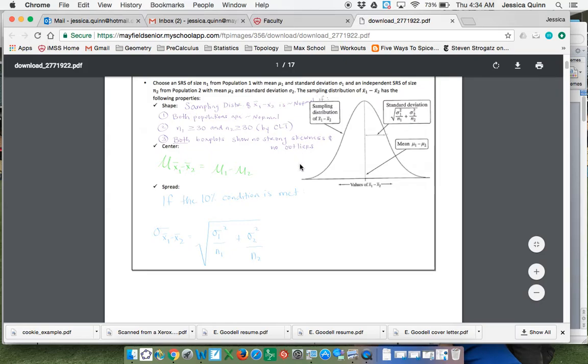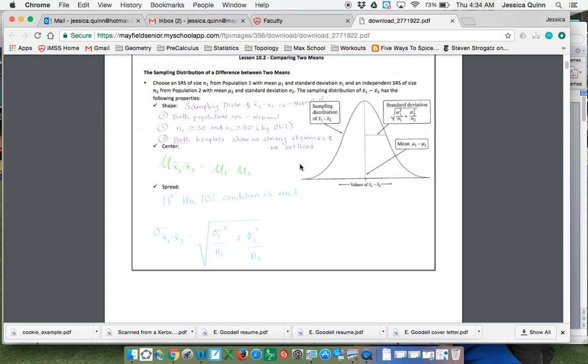Then we need a separate independent simple random sample of size n2 from population 2 with mean mu2 and standard deviation sigma 2. And then when we do this, the sampling distribution of our x bar 1 minus x bar 2 will have the following properties.